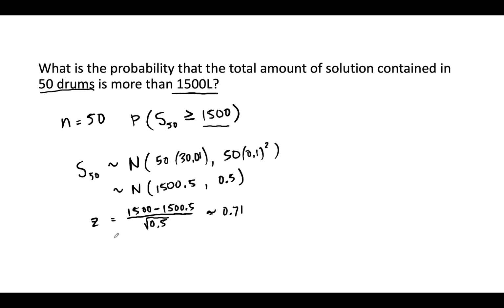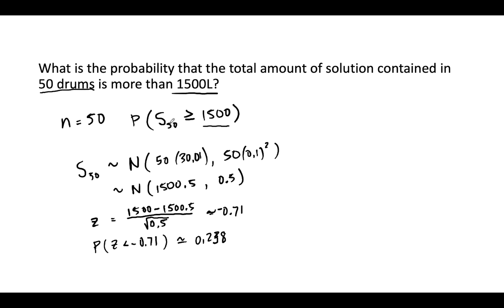And when I plug that into my calculator, I get about, if I'm rounding it off, 0.71. I refer to my z table to find out the probability that z is less than that. Sorry, there's a negative here. Negative 0.71. And I get that it's approximately 0.238. Okay, be careful. Again, a little thing before you rush off to give your answer here.